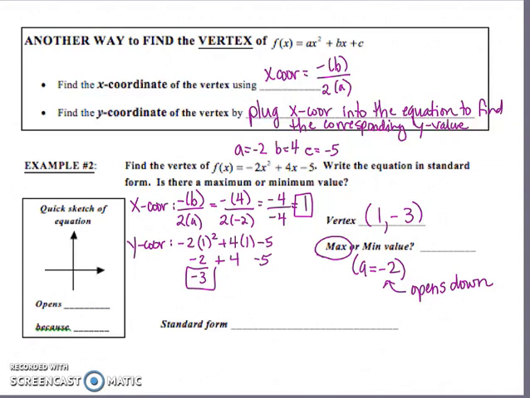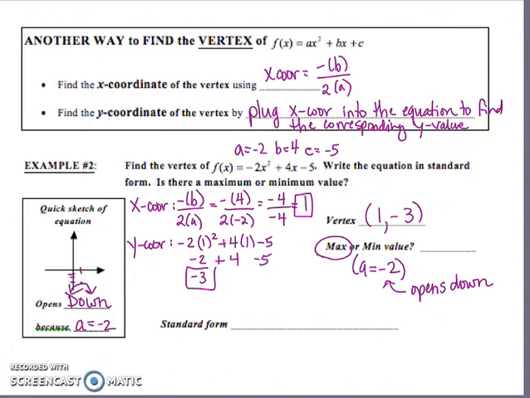Okay, and that's because our a value is -2 and it opens down. Okay. So over here by my sketch, I'm going to say that this opens down because our a value is -2. Okay. And if our vertex is at +1, -3, this doesn't lend very well to my graph here.